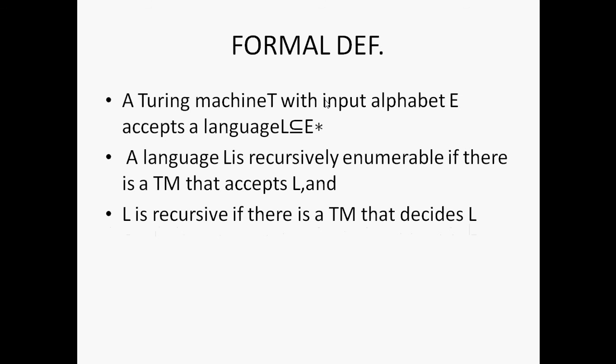I will say what deciding is in short. For now, if a Turing machine accepts L, then that is recursive enumerable. If the same Turing machine decides L, then the language is also a recursive language.